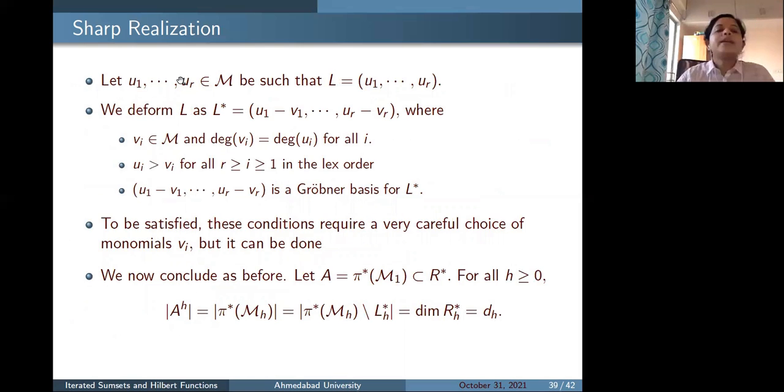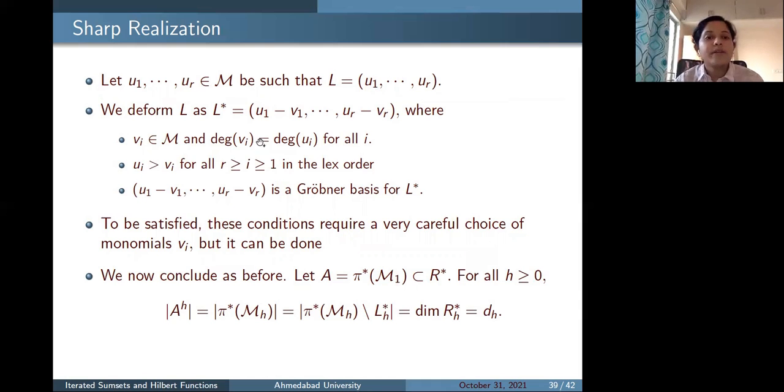So we are taking the monomials u_i. So let's say u_1 to u_r from M, and we are taking L to be generated by these u_1 to u_r. Now we deform L to L star by taking the differences u_1 minus v_1, u_2 minus v_2, and in this way, u_r minus v_r, where v_i has some properties.